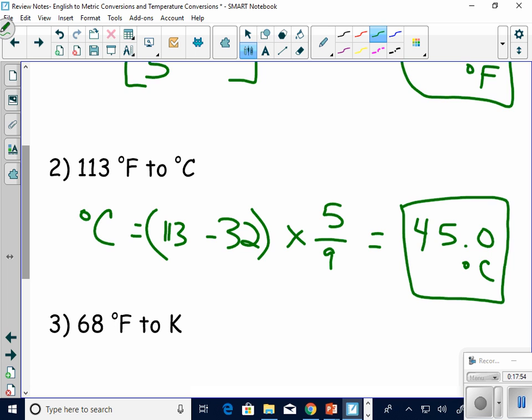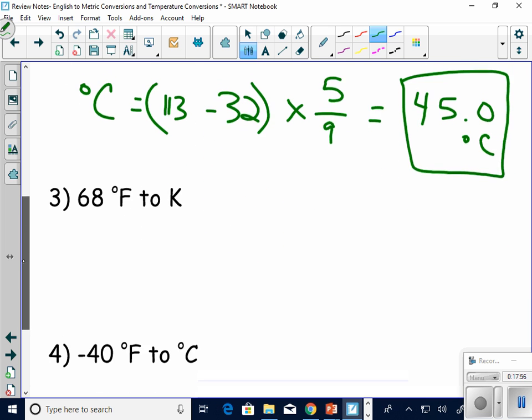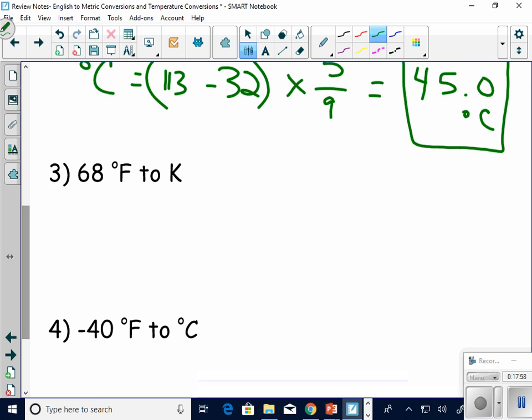My third problem here. Now we got this guy Kelvin. Notice, does it say degree Kelvin? It doesn't. So, it's just Kelvin. In order to go from Fahrenheit to Kelvin, I have to first convert to Celsius. So, that's just like the problem I did above.